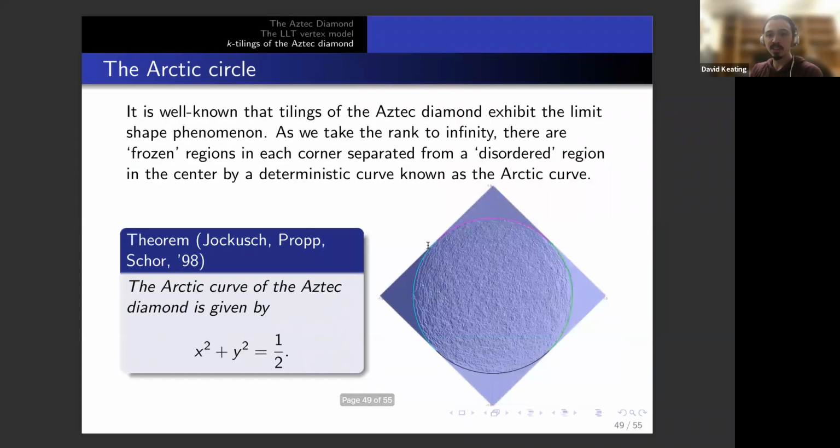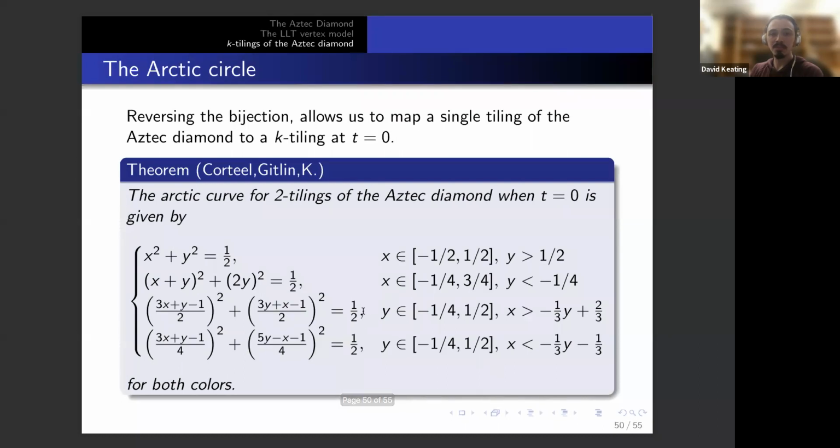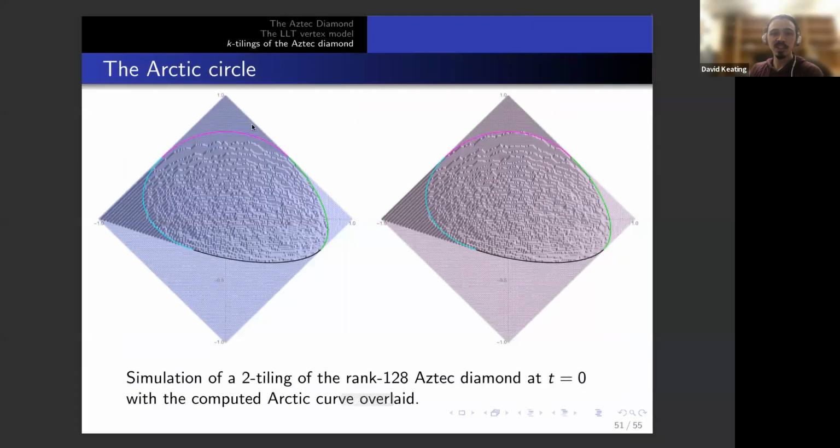Each of these regions of the Arctic curve, the light blue, the pink, the green, and the black, map differently when you slide the paths, so you end up with different ellipses. They each map to a different ellipse, but you can write down the formula. Here is the curve for 2 colors, and this is where each chunk of the original Arctic curve mapped to. In particular, each color has the same Arctic curve, and it's this weird egg shape.